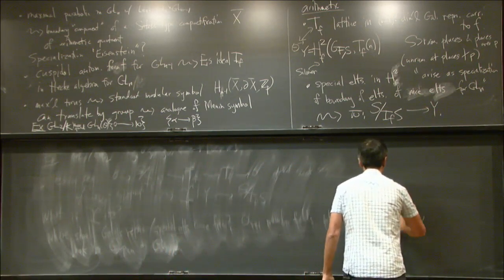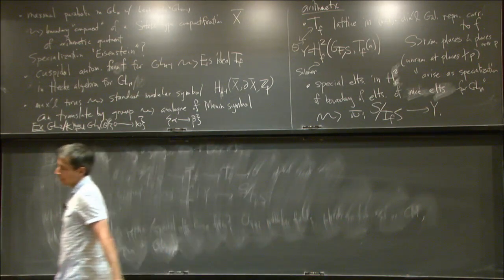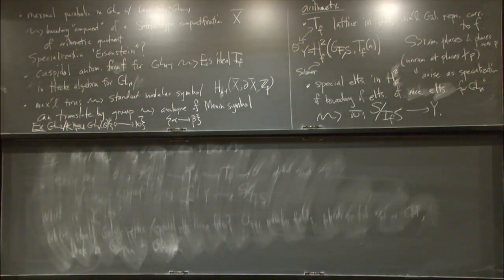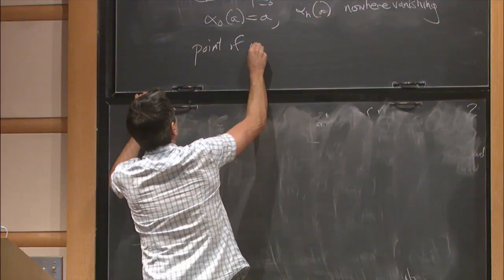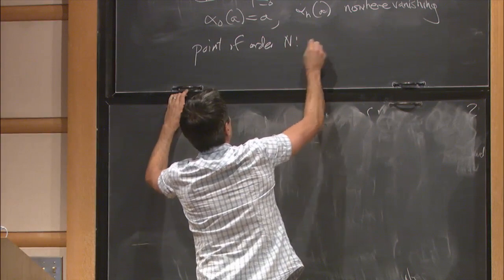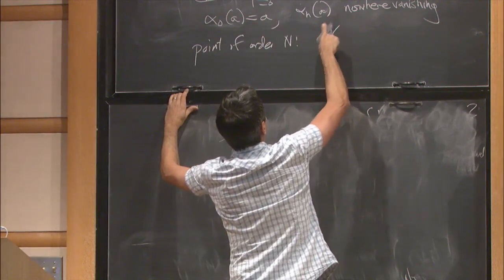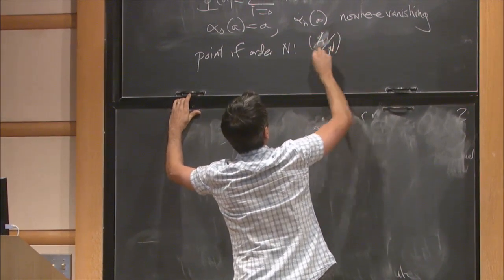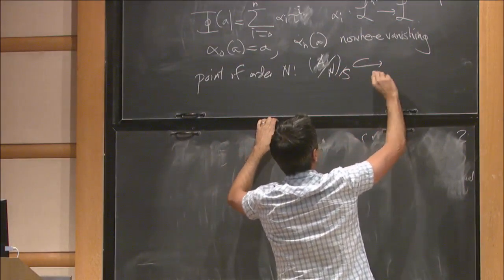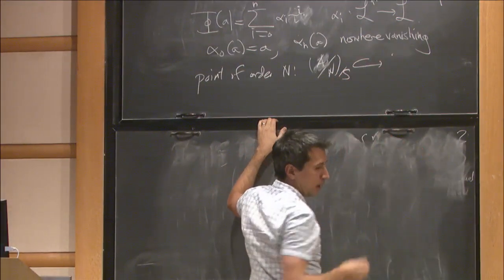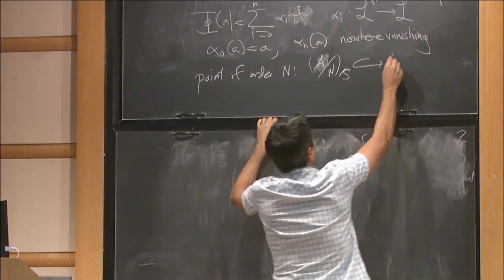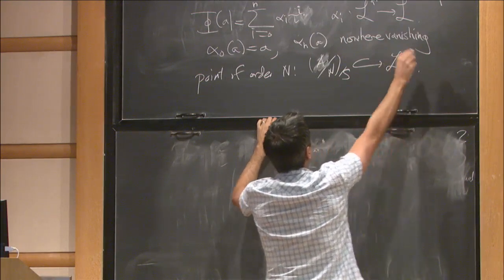But maybe I can write the point of order n here. So the point of order n is an injection of A mod n, viewed as a constant scheme over S, into L over S.